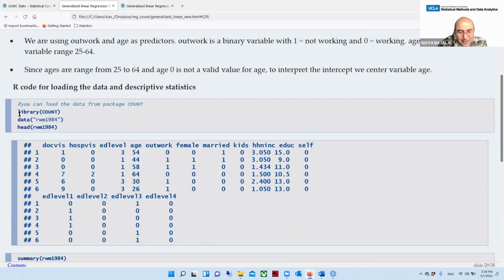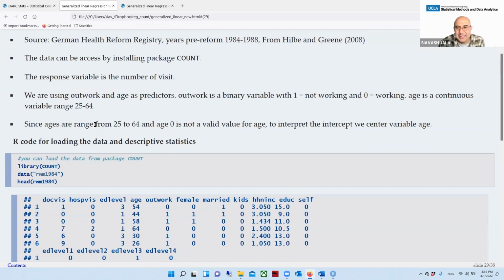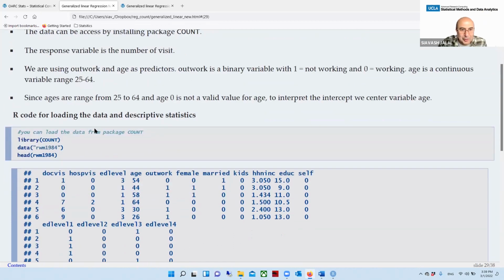I use this data for count regression, and throughout this there are other problems, like negative binomial, which we don't have time to cover, but the code is there.